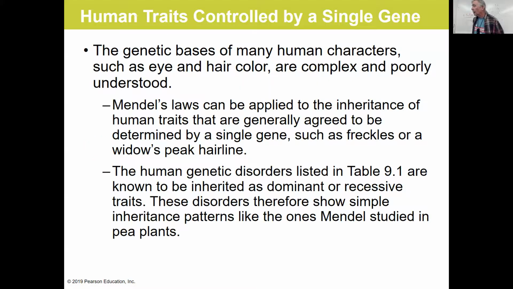Okay, the genetic basis of many human characteristics, such as eye and hair color, is complex and poorly understood. Mendel's laws can be applied to the inheritance of human traits that are generally agreed upon to be determined by a single gene, such as freckles or widow's peak hairline.